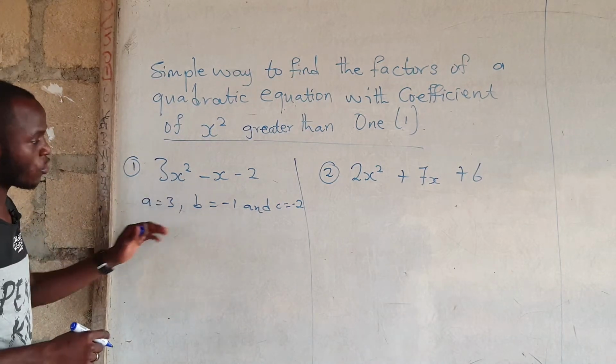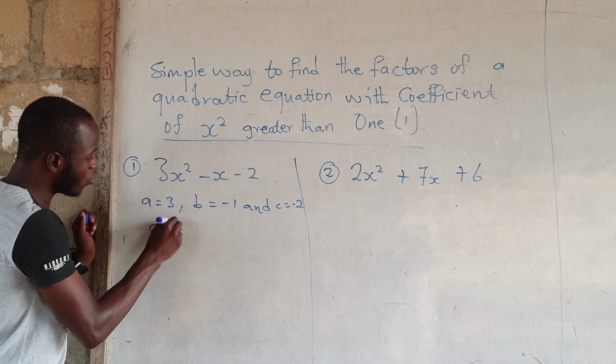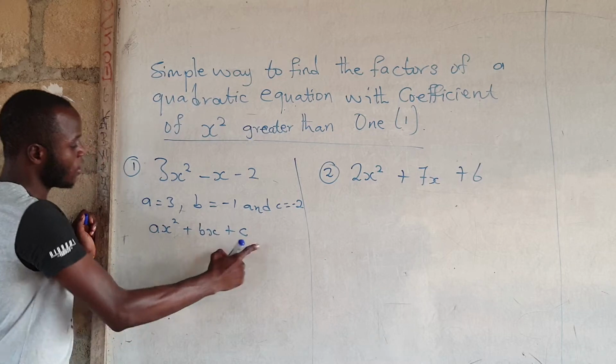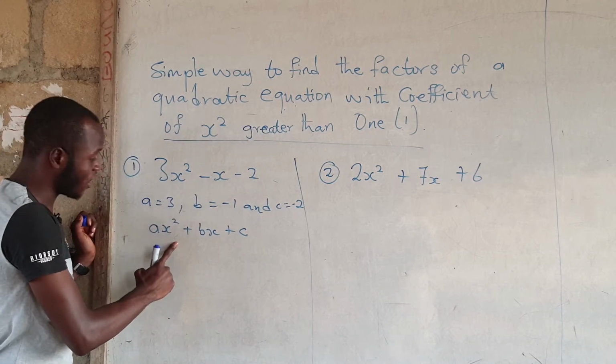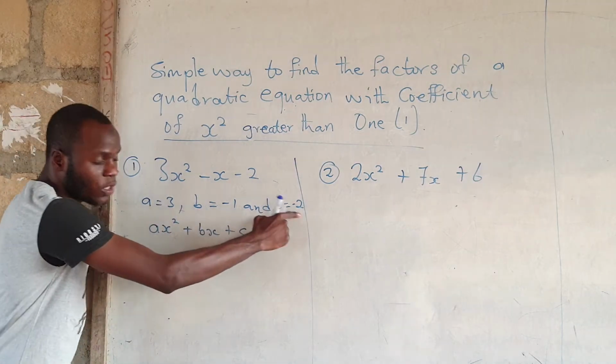We compare this with the general equation of a quadratic equation, which is ax squared plus bx plus c. So we have a to be 3, b to be -1, and c to be -2.